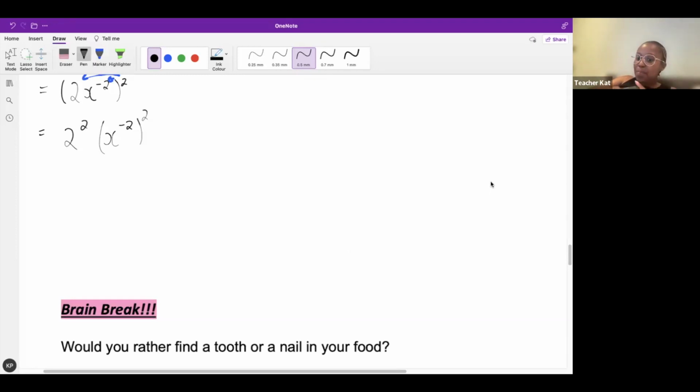Nail. Nail is better. Nails, hands touch a lot of things, Charlie, which means there could be stuff under. But truthfully, you don't know what they're eating. This is true. This is so true, guys.